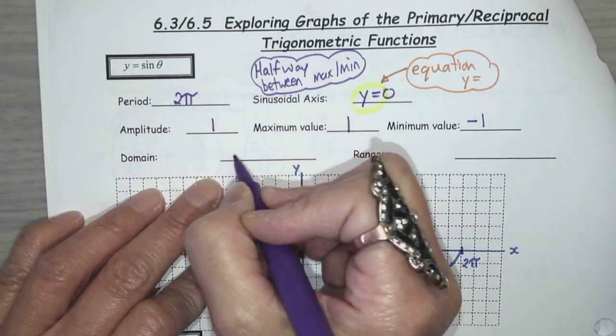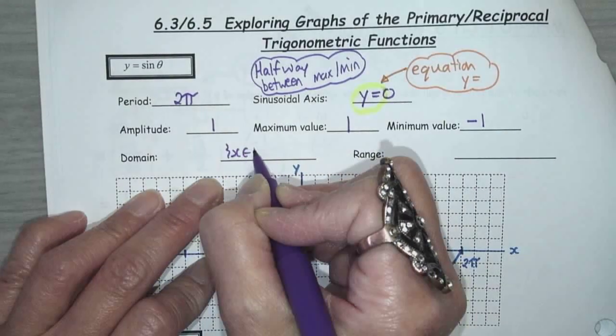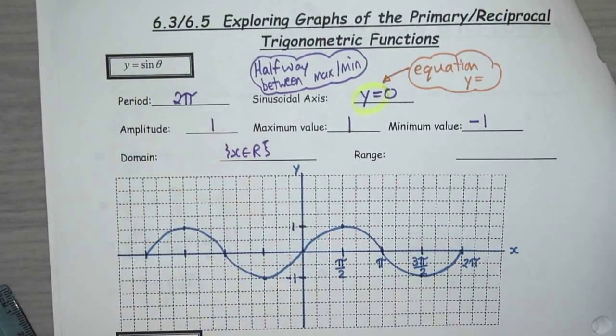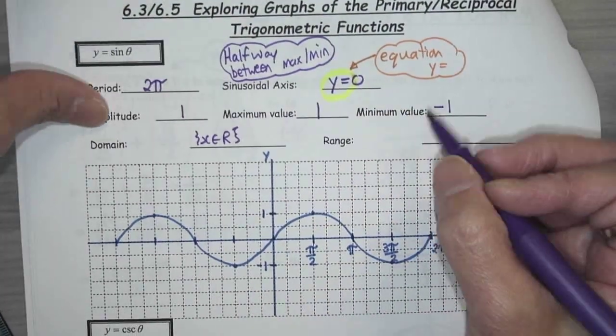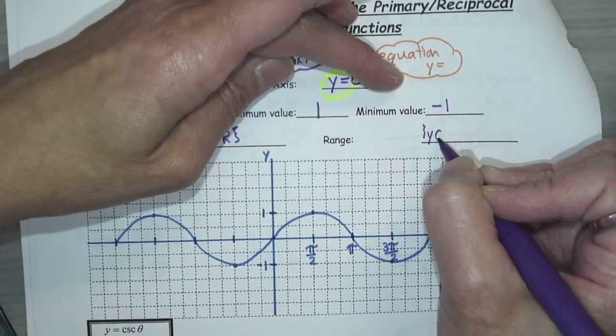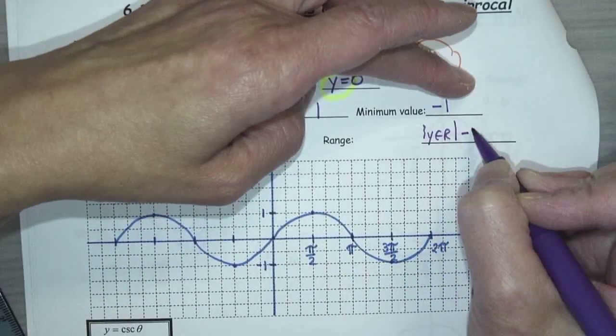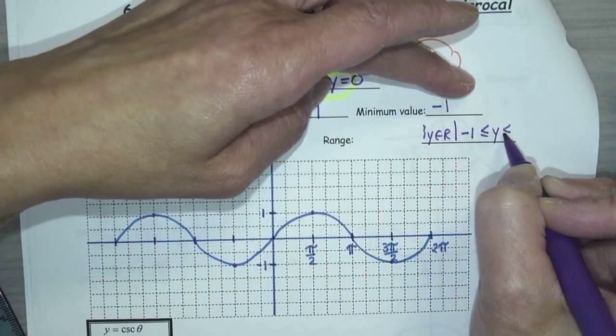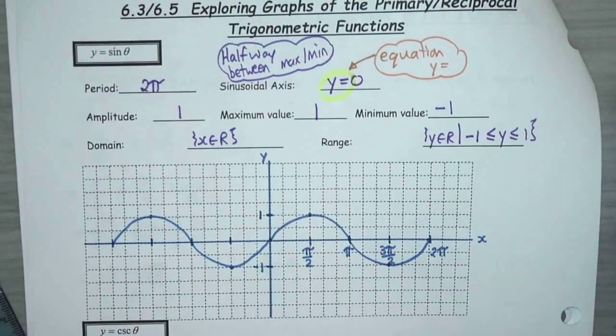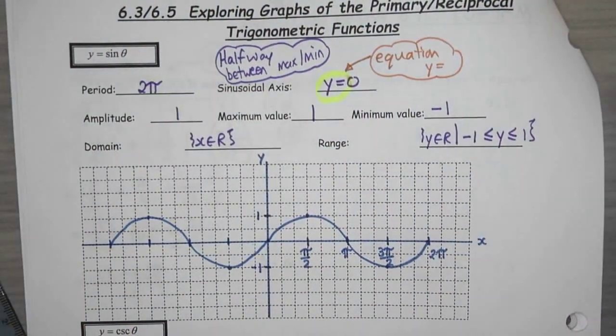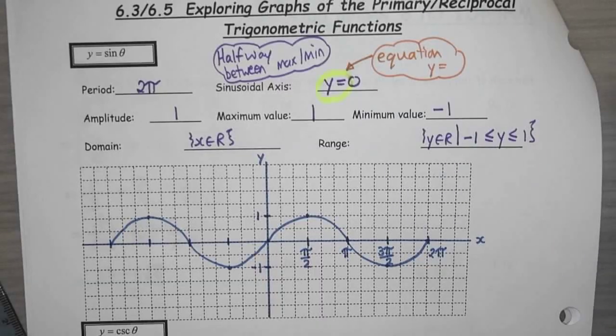So I'll do set notation for now. For x, an element of real. And then my range would be y, an element of real, going between 1 and -1. You can write it in either notation. I'm just going to do set because I'm going to do set with the bottom one anyway.